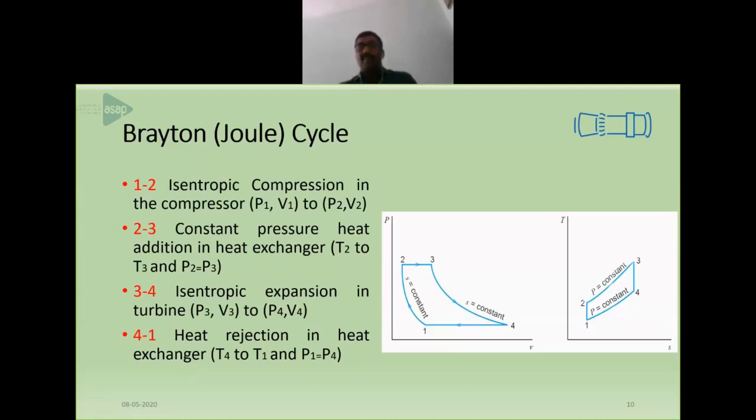Or in general, we can say, now we will go for the analysis part. When we go for the analysis part, it is very simple to remember that points 1 and 4 are at pressure P1 and 2 and 3 are at pressure P2, because there are only two pressures, P1 and P2. This P2 by P1 is generally called the pressure ratio.